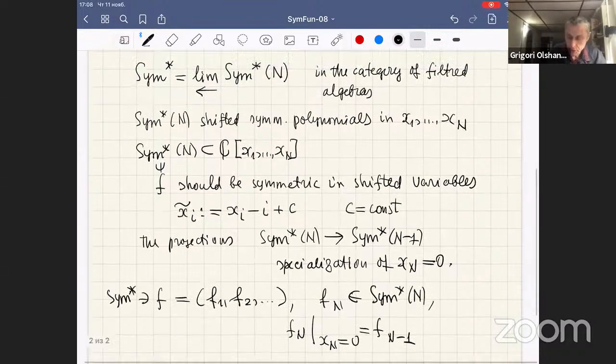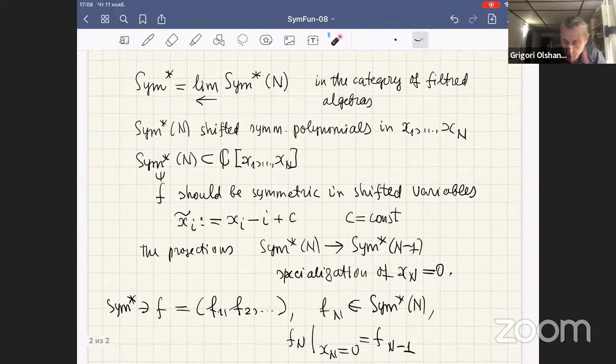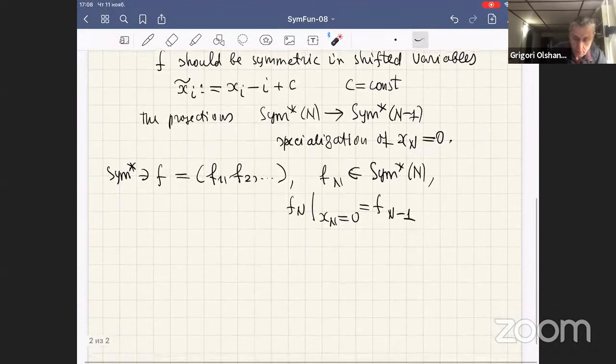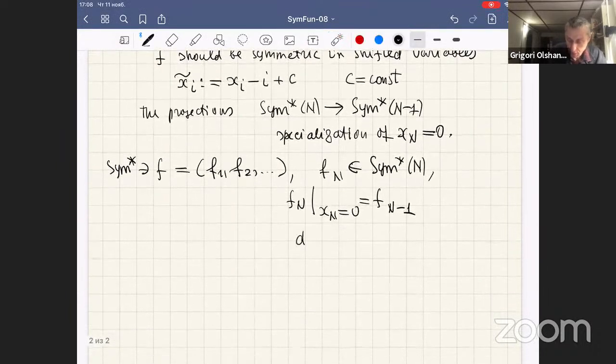And the condition in the category of filtered algebras means that the degree does not grow. And actually it should stabilize.